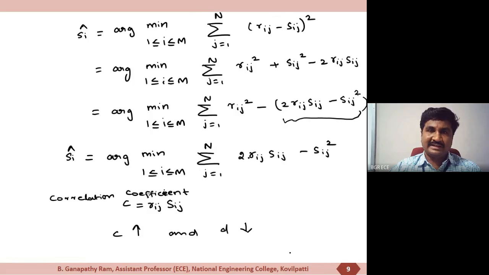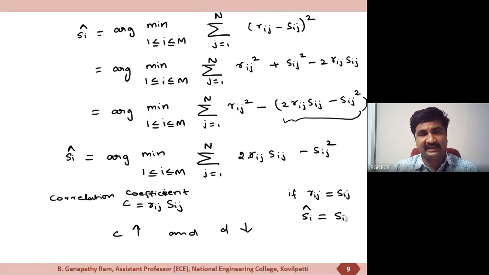So if Rij is equal to Sij, then Si cap will be estimated as Si. If Rij is equal to Sij, then we will have a perfect estimate, that is Si cap is equal to Si, but this estimate is attained while receiving Ri given Si.